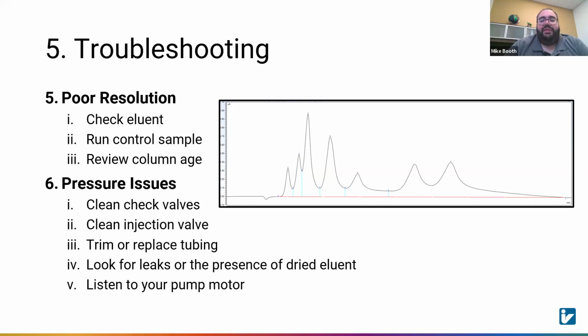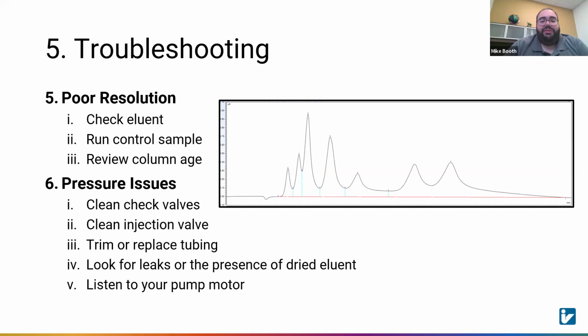Look for the presence of dried salts, crystals, anywhere near connection points, or anywhere near the bottom of the instrument itself. If you can see where it's dropped off of something and just dried up on the bench or dried up inside the instrument near the bottom, that's a good indication that you have some sort of leak. That you just need to go through, again, check your connections, check their tightness, trim off the ends of the tubing and reseat them.